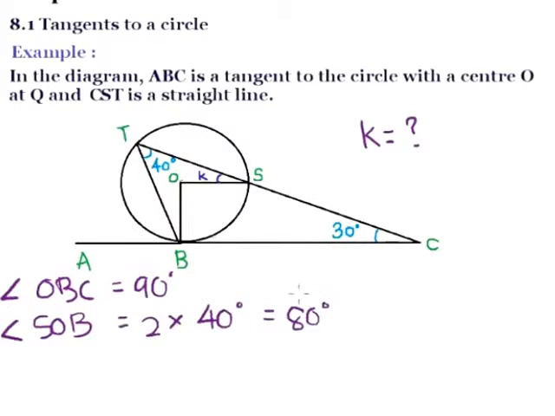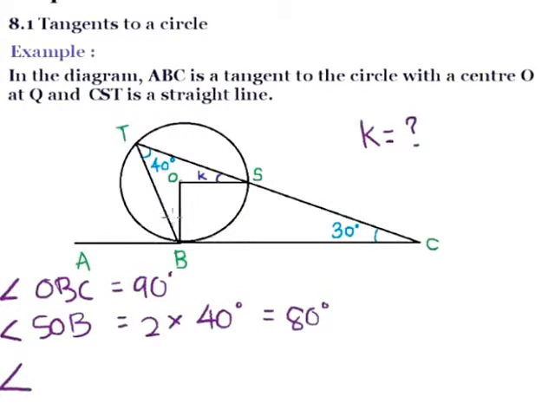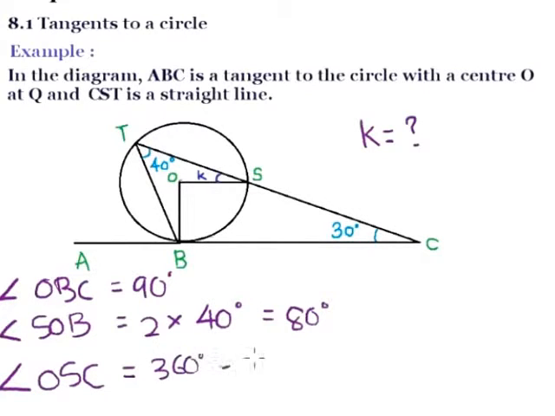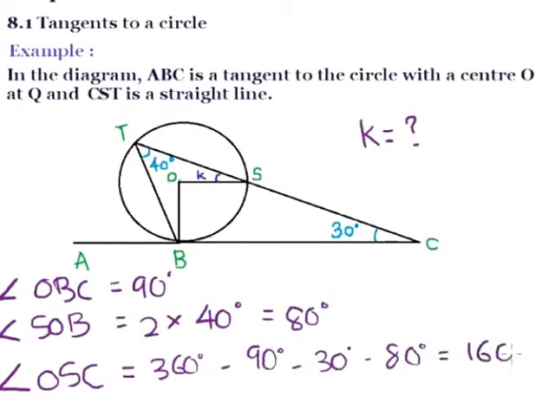The reason is that the angle at the center equals twice the angle at the circumference. Lastly, we'll look for the angle OSC equals 360 degrees minus 90 degrees minus 30 degrees minus 80 degrees equals 160 degrees.